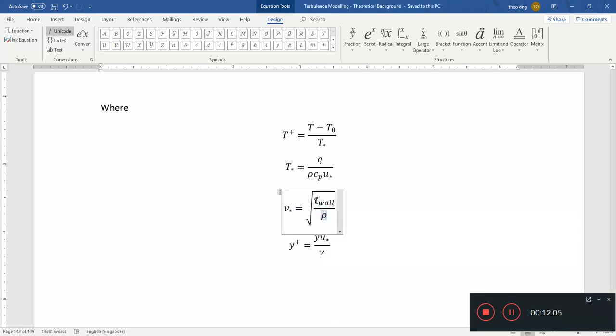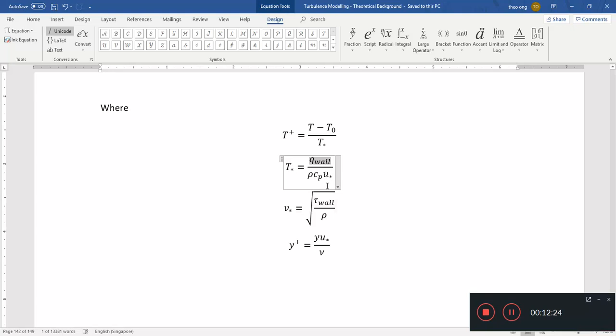Notice that we use the wall shear stress as a reference quantity for the velocity. Likewise, for temperature, we use the wall heat flux, Q wall, as a reference quantity.